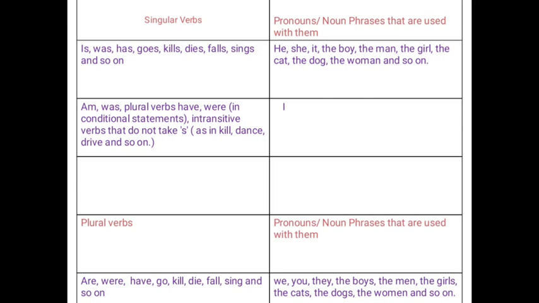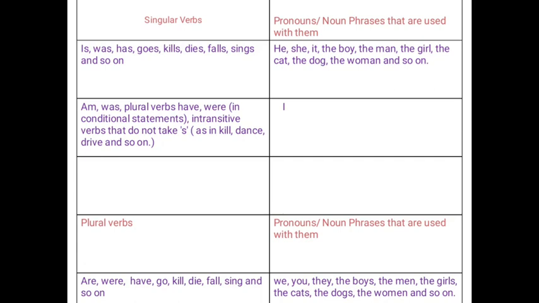Plural verbs, on the other hand, are used with pronouns like we, you, they, and noun phrases like the men, the women, the boys, the girls, the dogs, the cats, and so on.